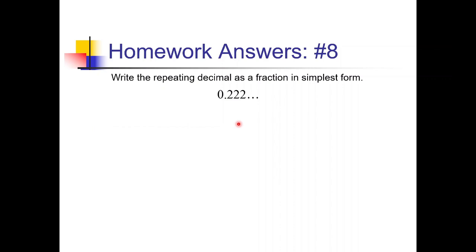For the next couple problems, we're trying to write a repeating decimal as a fraction in simplest form. And we're going to do that by first expressing each of our decimals as an infinite geometric series. So for this one, for example, we can do 0.2 plus 0.02 plus, to get this next 2, we would need to add 0.002.